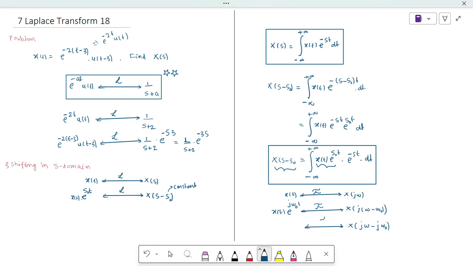This is a case of the Laplace. In the Laplace, we are considering s equal to j omega.